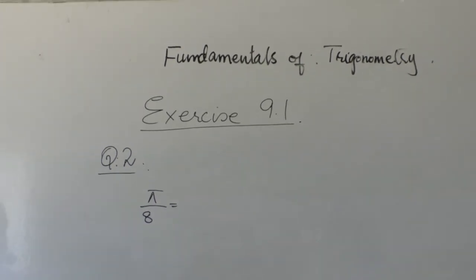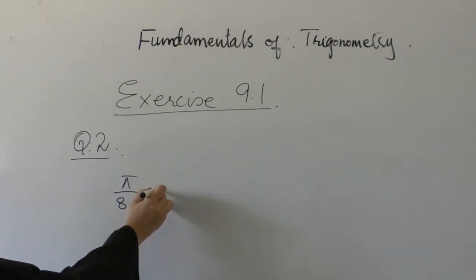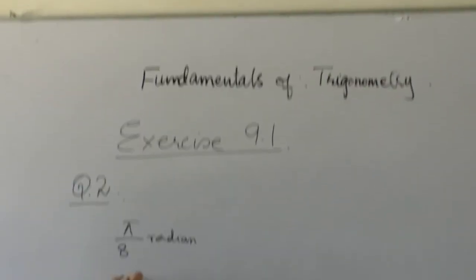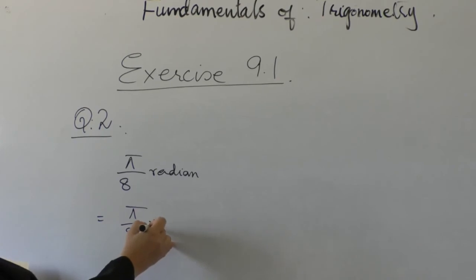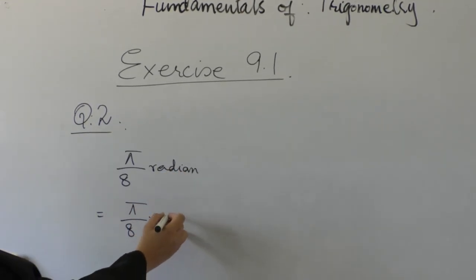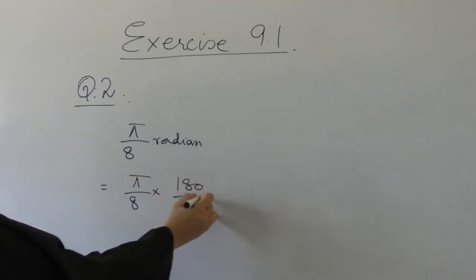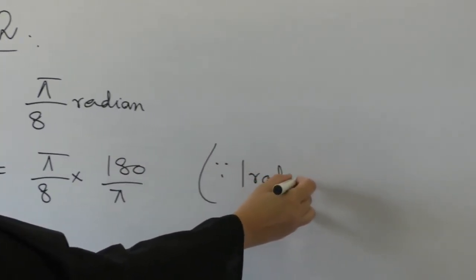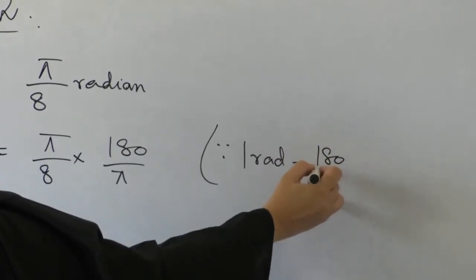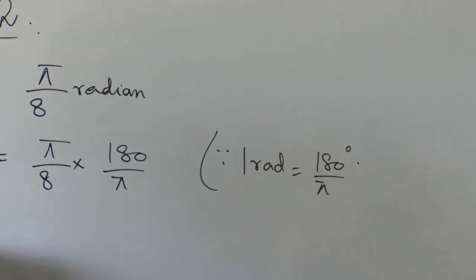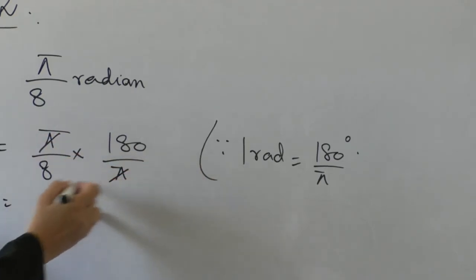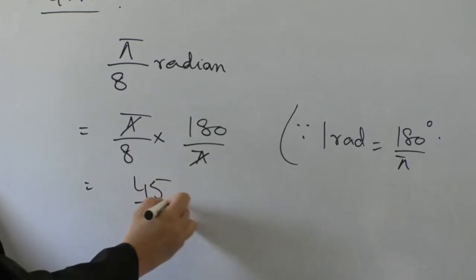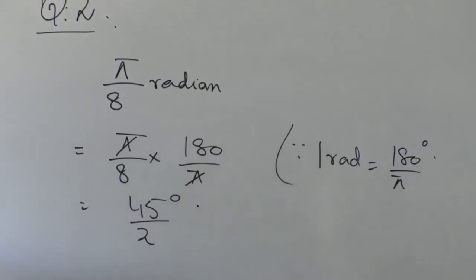As we know that 1 radian is equal to 180 by pi degree, pi by 8 remains as it is, and we convert this radian into 180 by pi. Pi is cancelled. Answer is 45 by 2 degree. That's all.